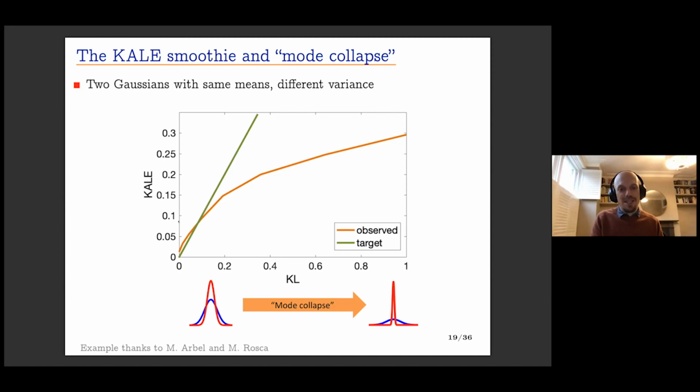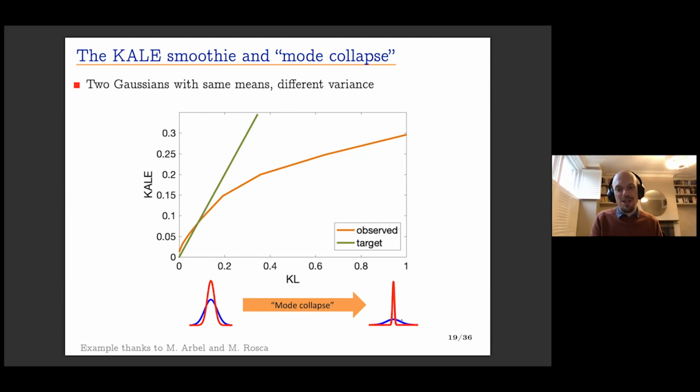And what I'm noticing here is this orange curve, which is that as KALE goes up, my variational lower bound is not going up nearly enough. So I'm not penalizing mode collapse as much as I should be. And the reason for that is that I need to approximate the log ratio P to Q using my smooth functions.